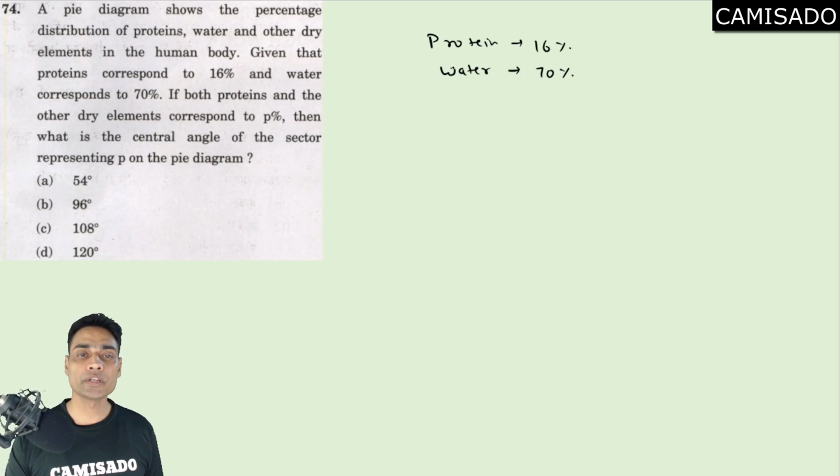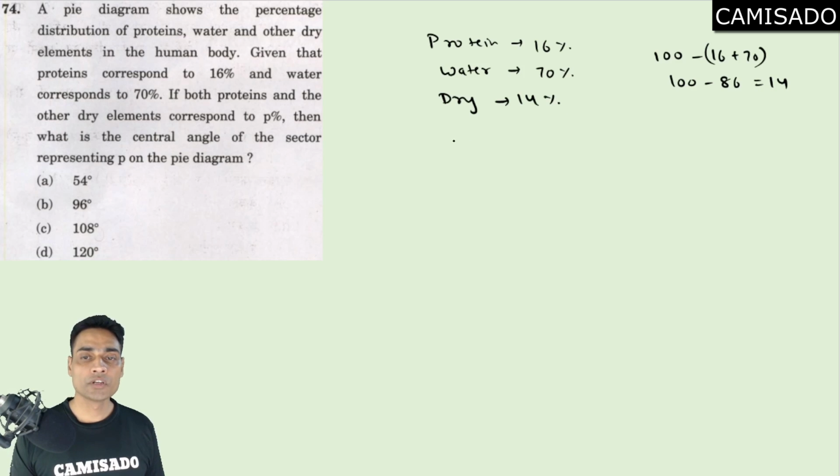So protein, water and other dry. The dry part is 100 minus 16 plus 70, so 100 minus 86, which is equal to 14%. P corresponds to protein, 16%, and the dry part, 14%, so it is exactly 30%.